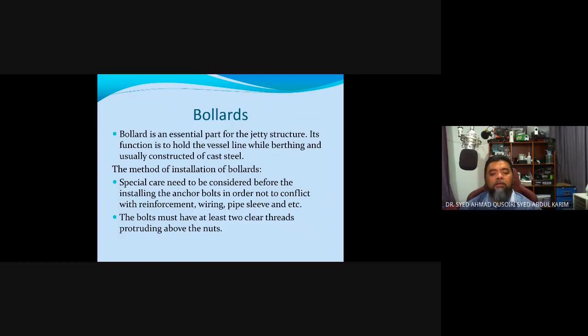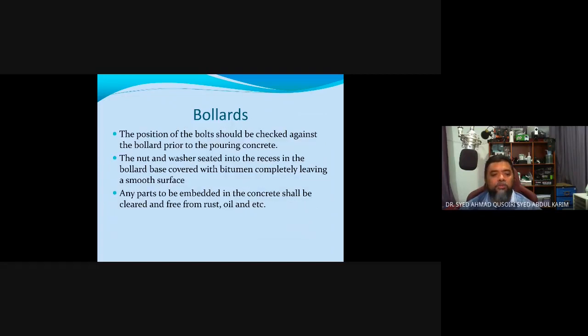The bolt must have at least two clear threads of protruding. Position of the bolts should be checked against the bollard prior to pouring concrete. Nut and washer seated into the recess of the bollard, covered with bitumen. Any parts of the embed in the concrete shall be clear and free from rust, dull, and others.